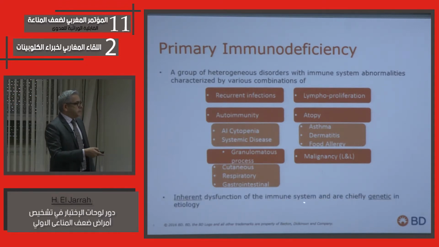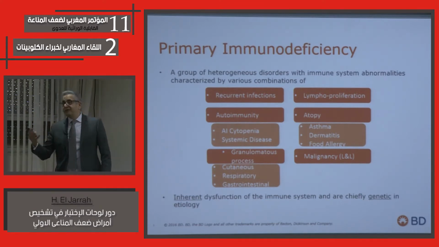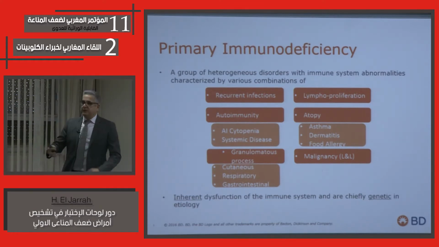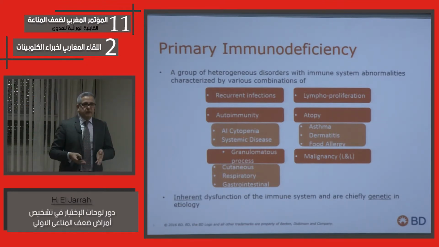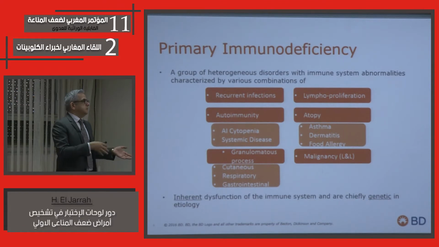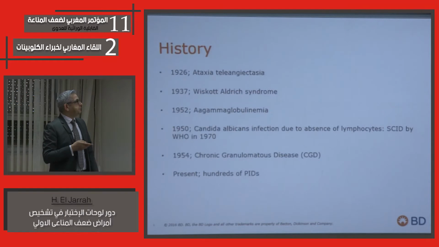Now, they are mostly and chiefly of genetic etiology, not inherited, because usually they are mutations, and sometimes in the case of a heterogeneous mutation, it can be passed on from a parent.